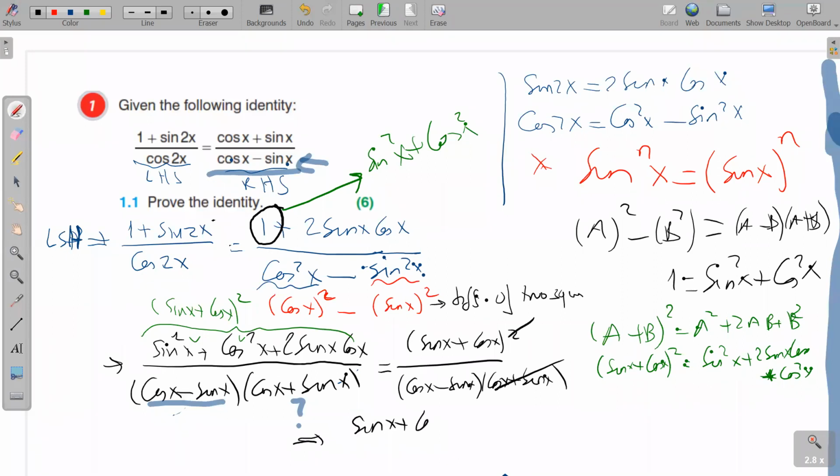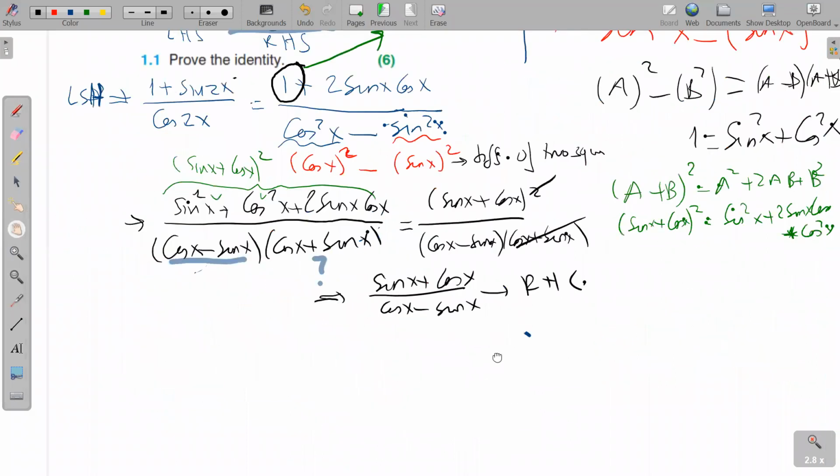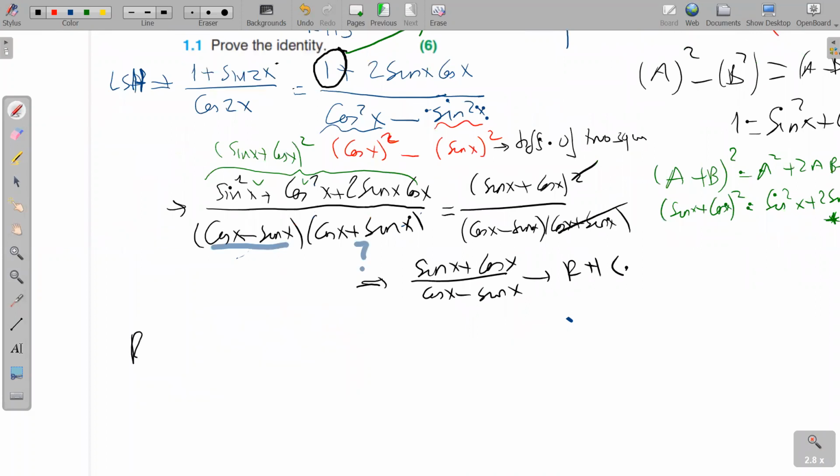Sine x plus cos x over cos x minus sine x. From the right hand side, it is sin x plus cos x, it doesn't matter which start position, 5 plus 3 or 3 plus 5, same, over cos x minus sin x.